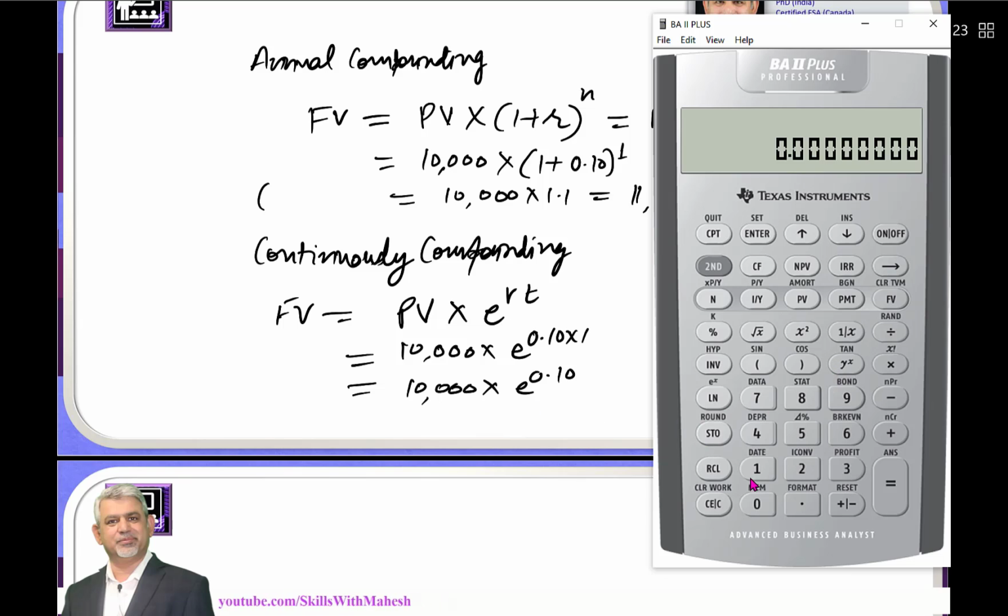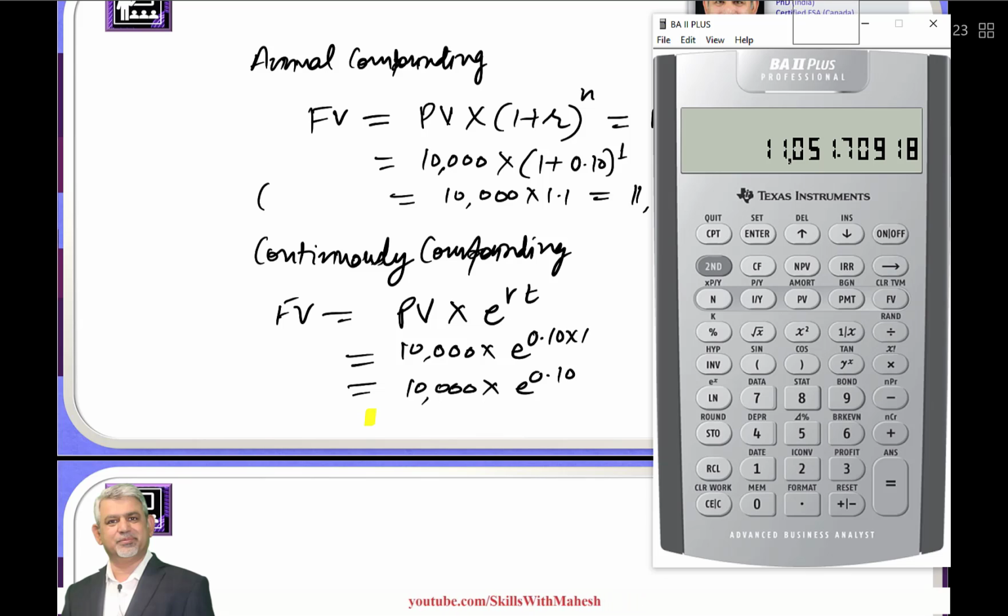Now let us do this calculation. I will enter 0.10 times 1. This number remains the same. So second, e^x. And then I have to multiply it with $10,000. So I get this number, $11,051.71.